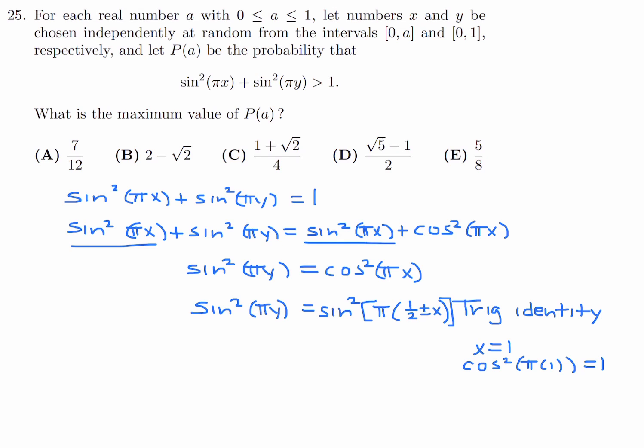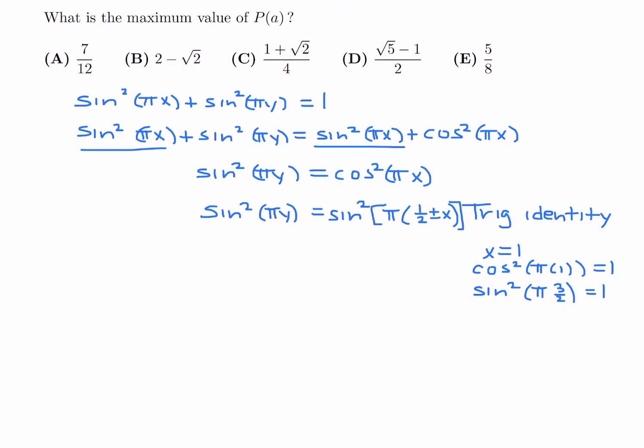Sine of 270 is -1, and when you square it, it becomes, again, 1. So that's when we have 3/2. And then if you use the negative, this guy right here, it would be 1/2 minus 1, which is -1/2. And -1/2 of 180 degrees is -90. And the sine of that is also -1. When you square it, it's a 1. So I just wanted to show you that this identity definitely does work. And I think that's one of the harder identities to remember. But nevertheless, here we go.